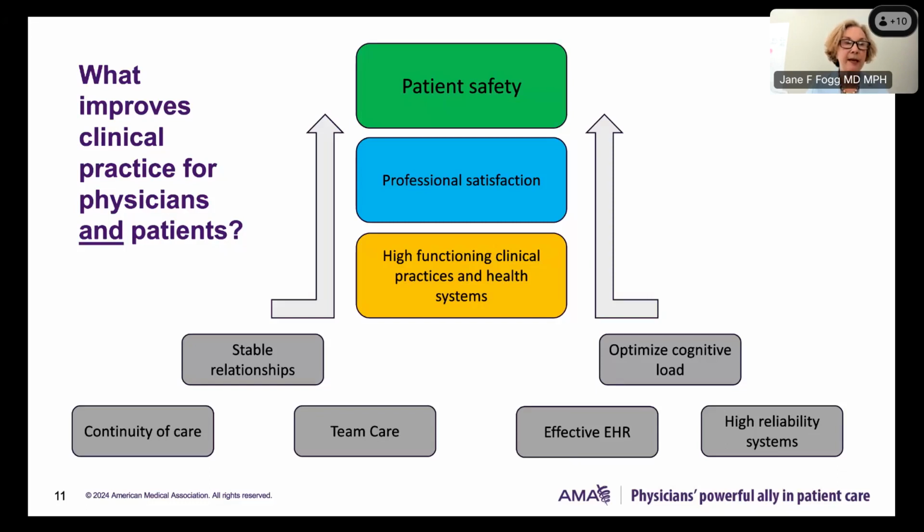Team care, effectively designed electronic health records, highly reliable systems, and above all, optimizing the work environment to avoid cognitive overload, to ensure that all humans working in the healthcare setting can do their best because they are not overwhelmed with excessive information. So let's step back a little and examine what burnout is and why it happens.